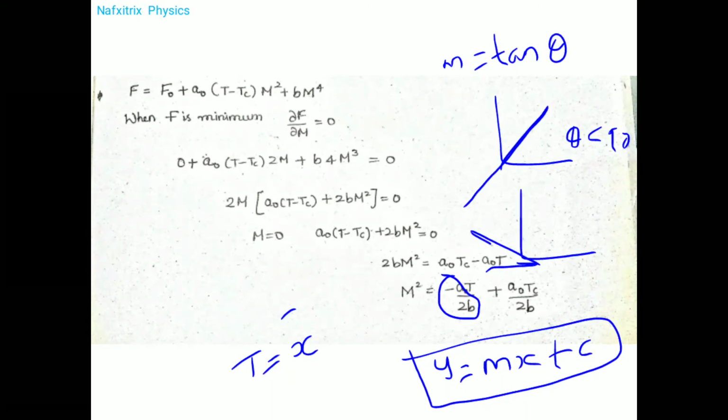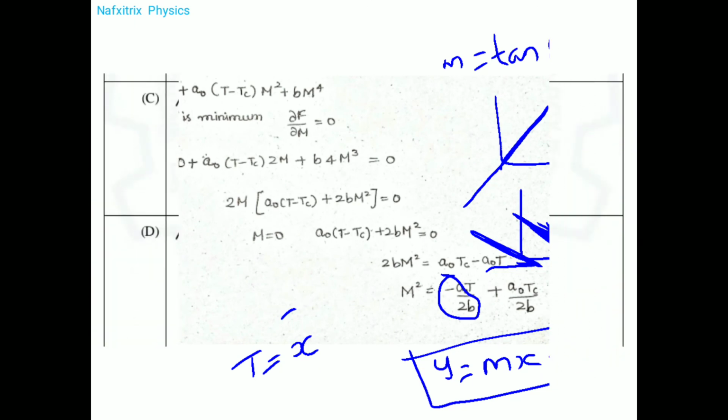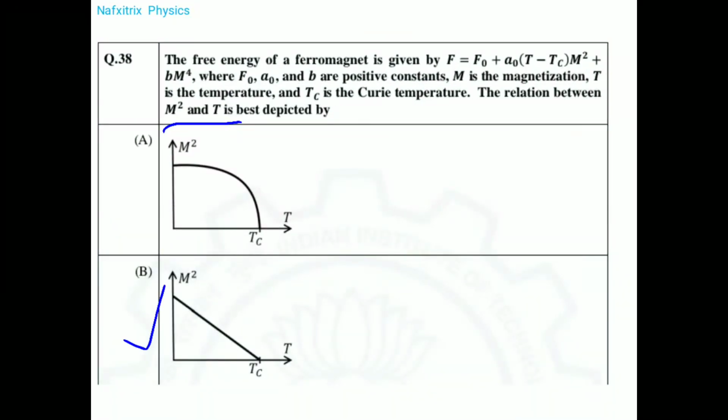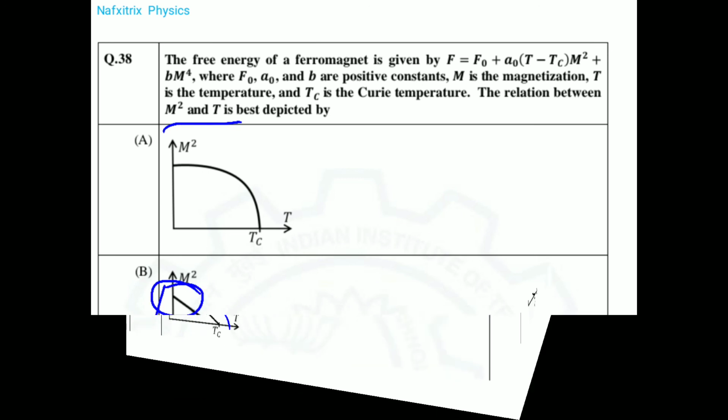That means it has to be like this, and it could be like this also. And the y intercept must be positive. So this one best suits, and the correct option for this is option B. Here it has a negative slope, so theta is greater than 90 degrees, and the intercept is positive.